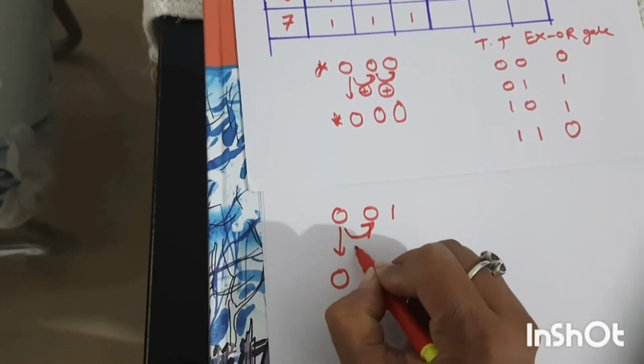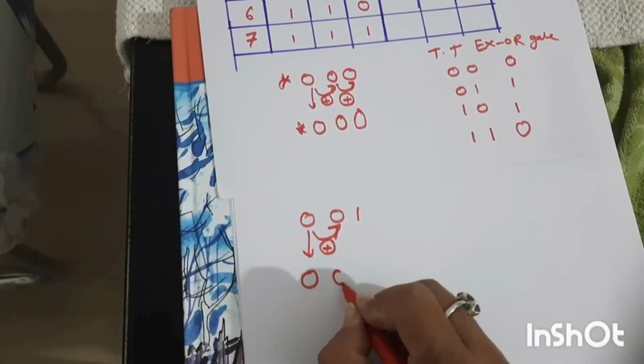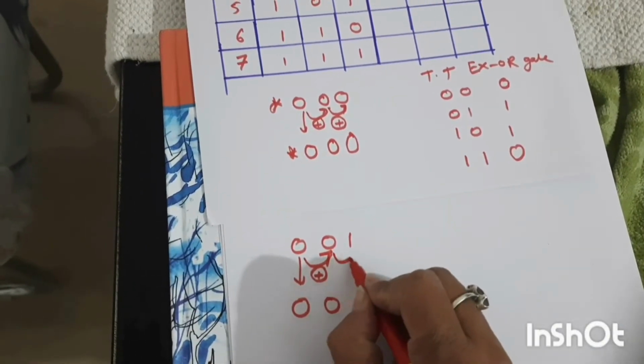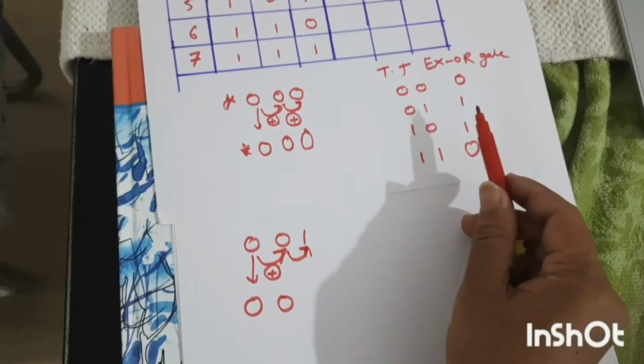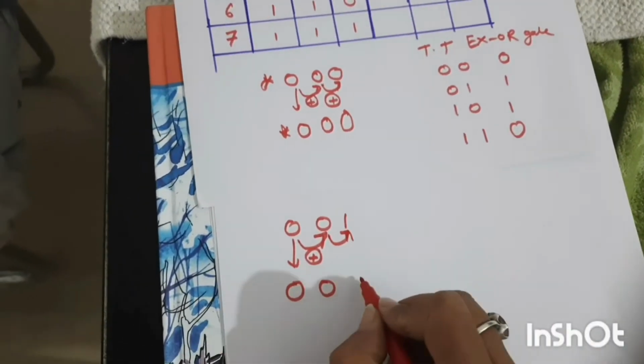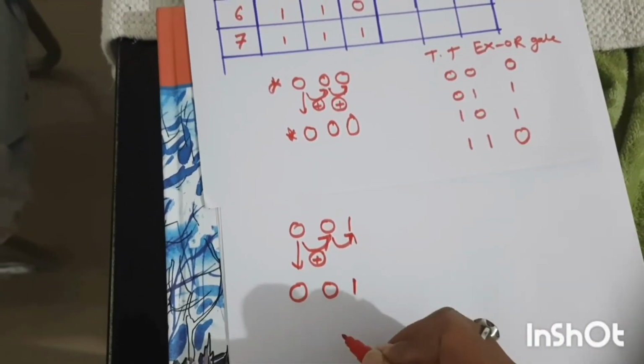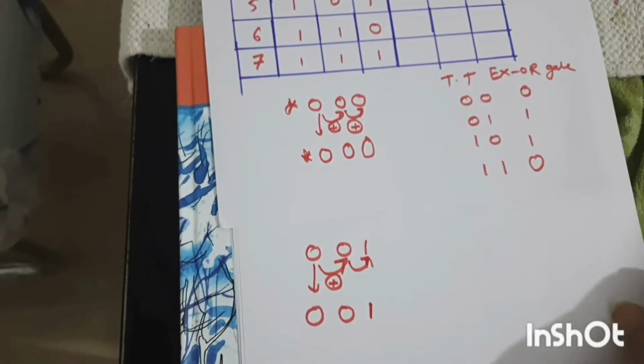That means 0 XOR 0, we know from this XOR gate table, is 0. So write 0 here. Again 0 XOR 1. So what is 0 XOR 1? Here 0 XOR 1 is 1. So here we have got the 1, right? So what is the gray code for 0 0 1?